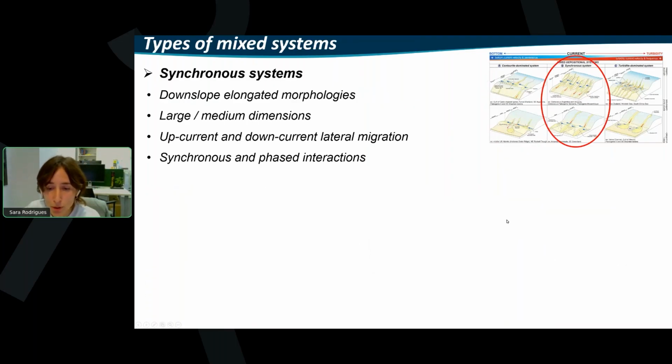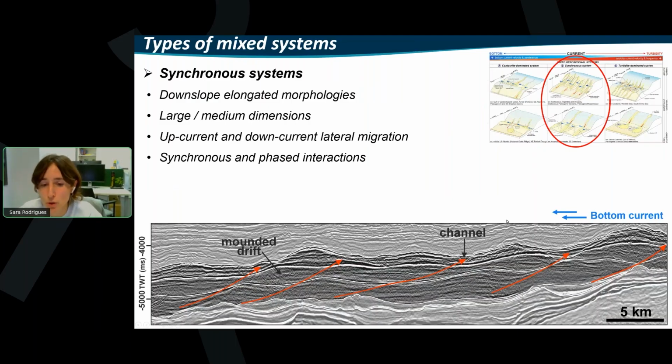Now, if we go to more synchronous systems, so we are talking about cases where we think that the two processes are more balanced, so there are not so many breaks in one or the other, and one will not have a very high or very different velocity than the other, we start to have slightly different morphologies from the previous one. The first thing that most of you will notice right away is that the morphologies are gentle, but also much smaller than before.